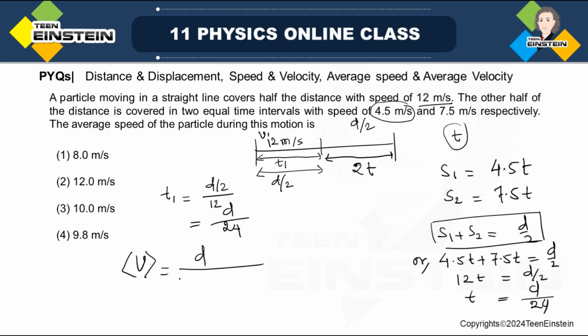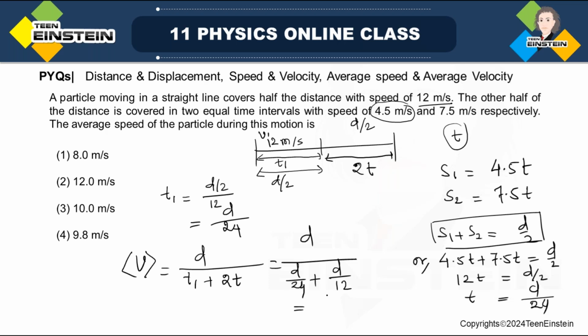What is the time interval here? t1 plus 2 into t. Now d is d itself. t1 is d by 24, and 2 into t means d by 12.